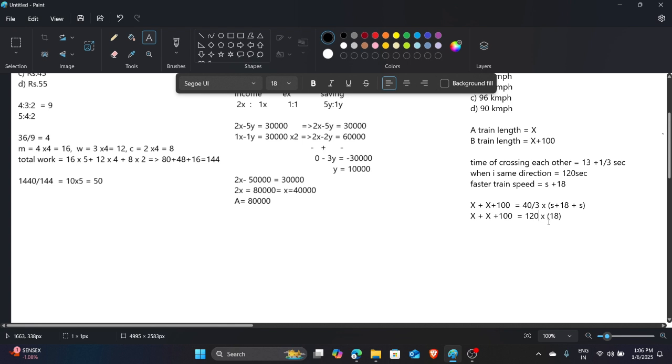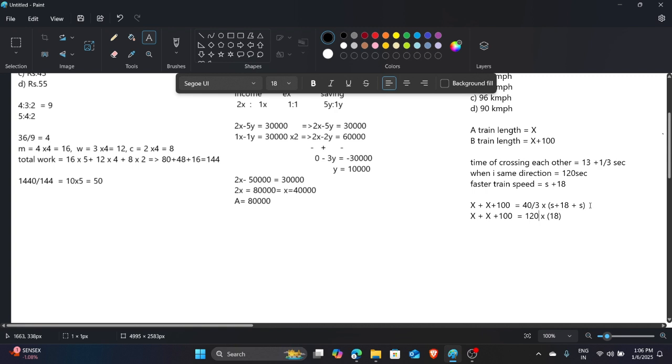If they are coming from opposite directions, their speeds add with each other, because the meeting of both trains is with the help of their relative speed.